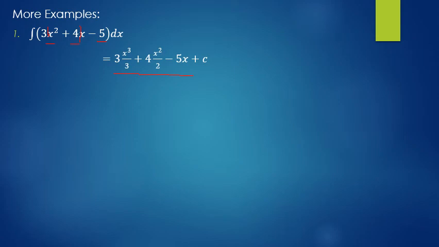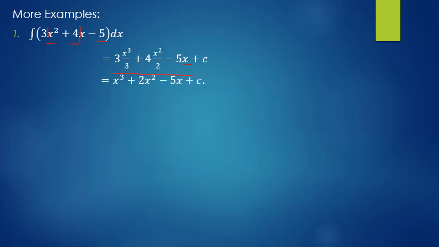So x squared, integral of that is x cubed over 3. x will become x squared over 2. And then remember here for the constant, it's like x to the 0, so that will just become x. And then we simplify.